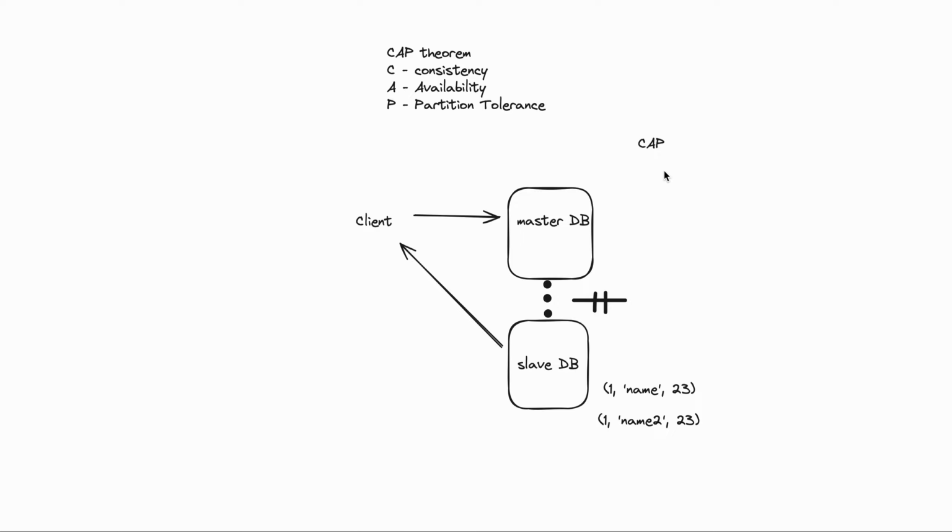So this is the CAP theorem. The CAP theorem states that in a distributed system, when a network partition occurs and there is a failure between machines, we have to make a trade-off: either we go for availability or consistency. This is what the CAP theorem is.